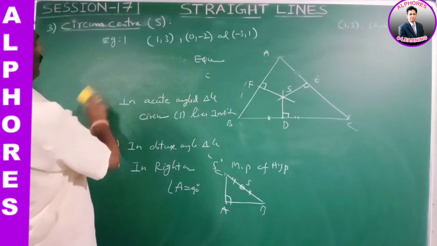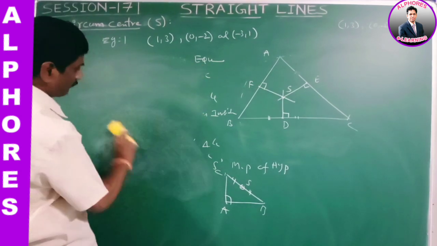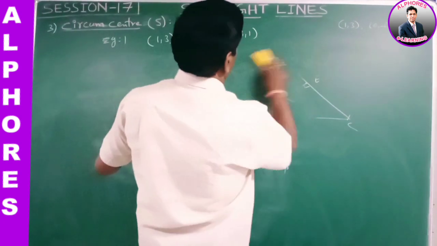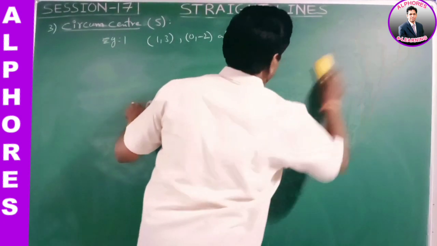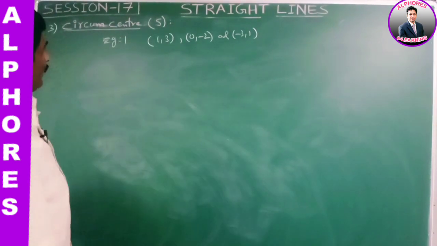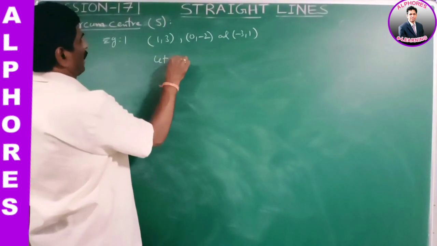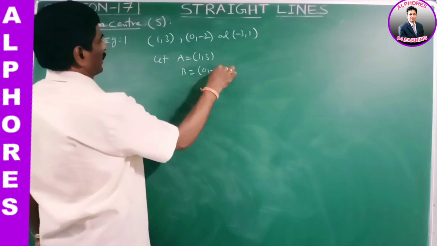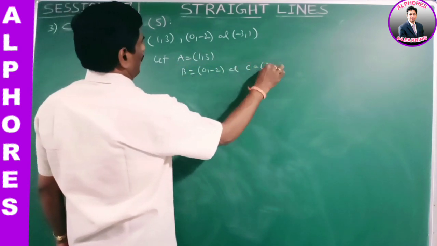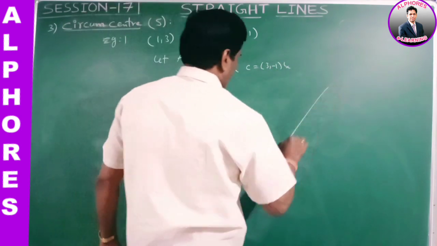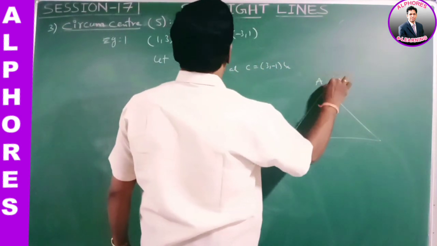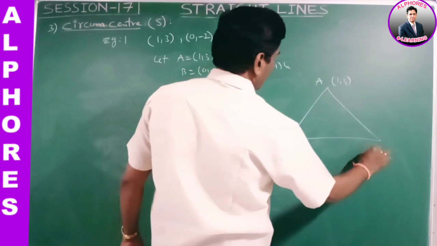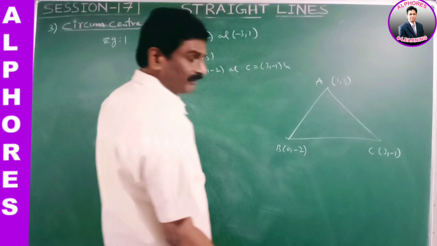Let A = (1, 3), B = (0, -2) and C = (3, -1) be the vertices of triangle ABC.